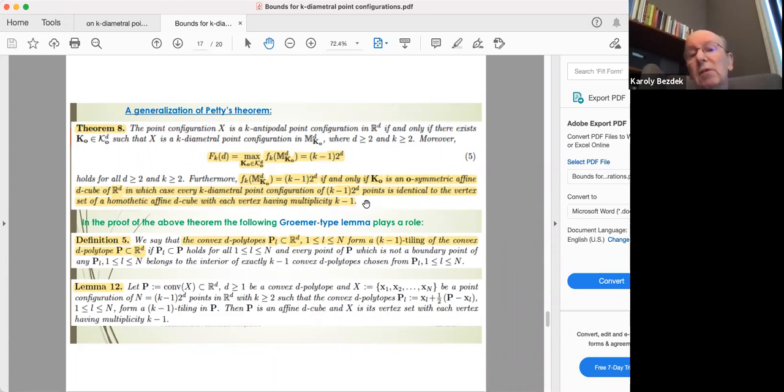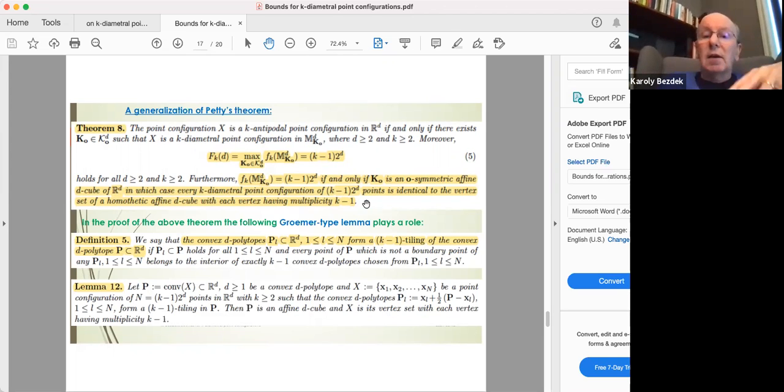So in short, I could say that this is quite a natural extension of Petty's theorem to k-diametral point configurations. And it gives some geometric understanding of k-diametral point configurations in terms of this notion of being k-antipodal.